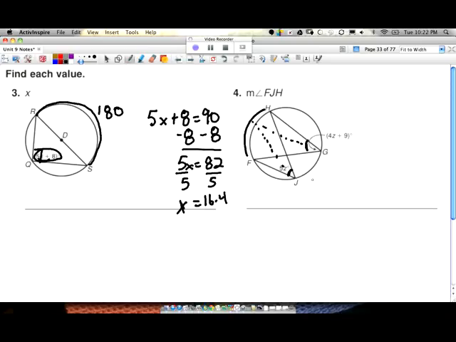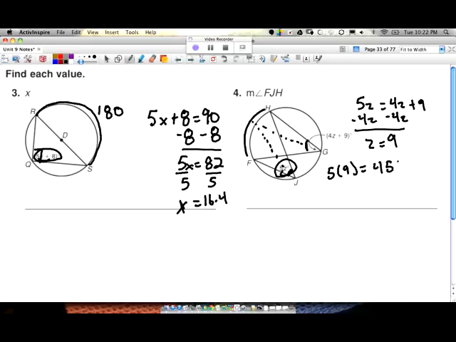Therefore, they both have to have the same half measure. That means they're equal. So 5z equals 4z plus 9. We do a little bit of subtraction here. Z equals 9. But this is really 5z. So 5 times 9 is 45 degrees.